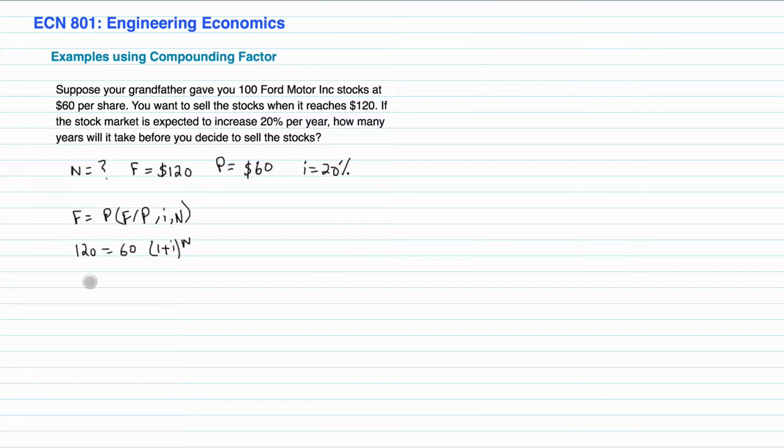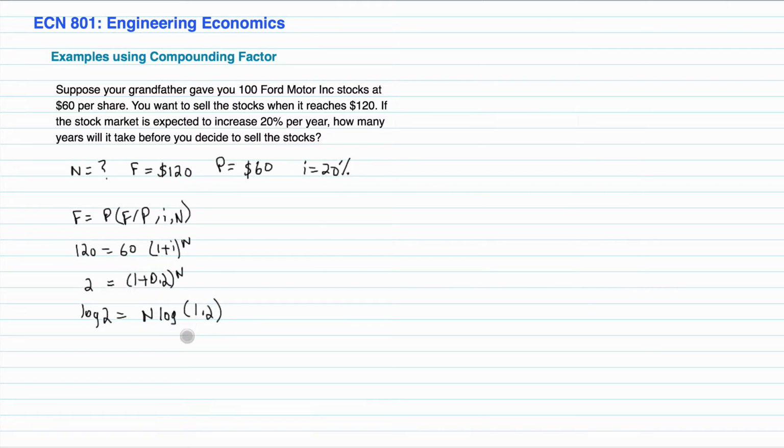We divide 60 from both sides, so we're left with 2 is equal to 1 plus 0.2 to the power of n, and we take the log of both sides, so log 2 is equal to n log of 1.2.